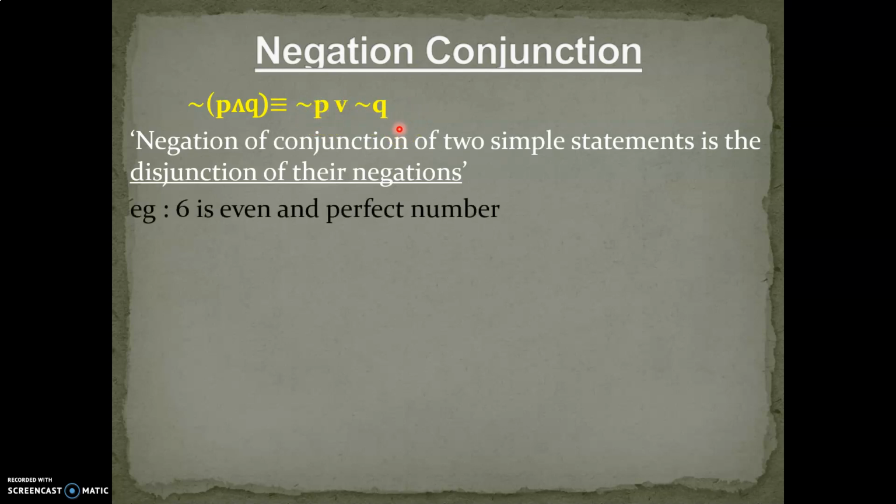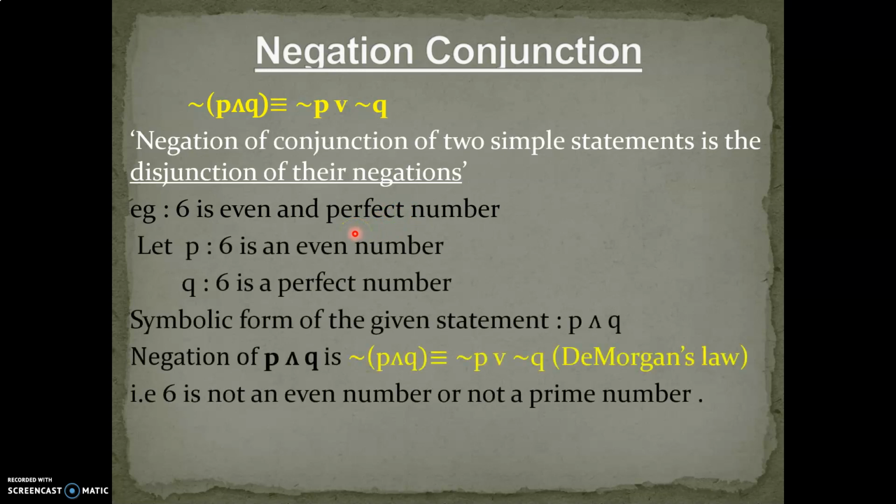We'll discuss with example. 6 is an even and perfect number. So we'll split the simple statements like this. P: 6 is an even number. Q: 6 is a perfect number. Symbolic form of the given statement is P and Q. Now negation of P and Q you have to find out here.